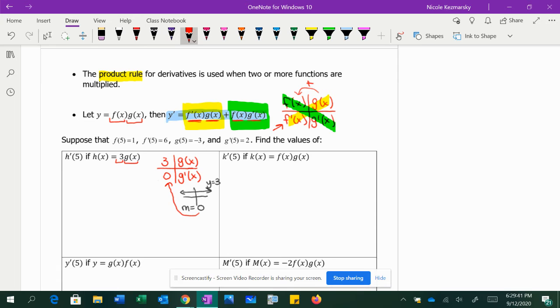So then I'm going to start in the lower left-hand corner, and I'm going to do 0 times g of x. So I'll say h prime of x equals 0 times g of x. And then I'll add to that the other diagonal, 3 times g prime.